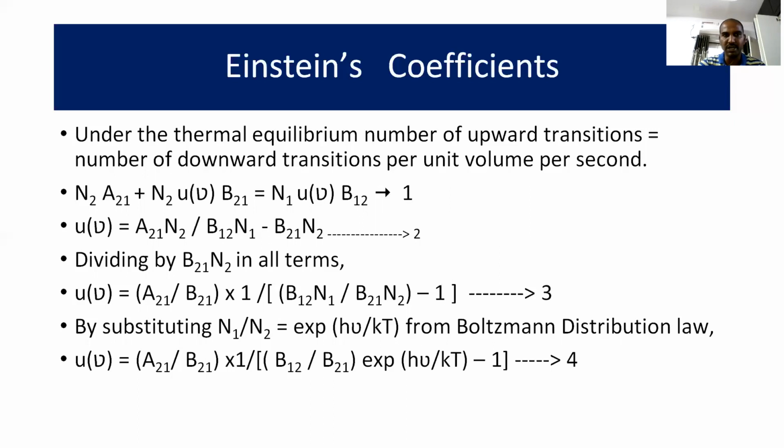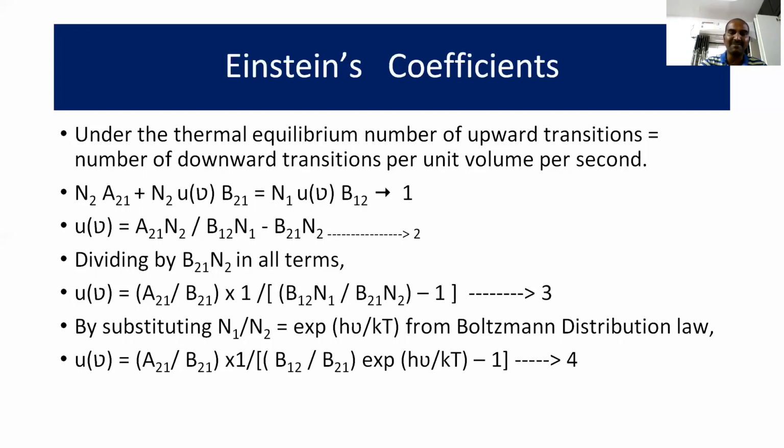So N2 A21 plus N2 U nu B21 equals N1 U nu B12. Taking U nu as a separate component, we get U nu equals A21 N2 by B12 N1 minus B21 N2. Dividing both numerator and denominator by B21 N2, you get U nu equals A21 by B21 into 1 by B12 N1 by B21 N2 minus 1.